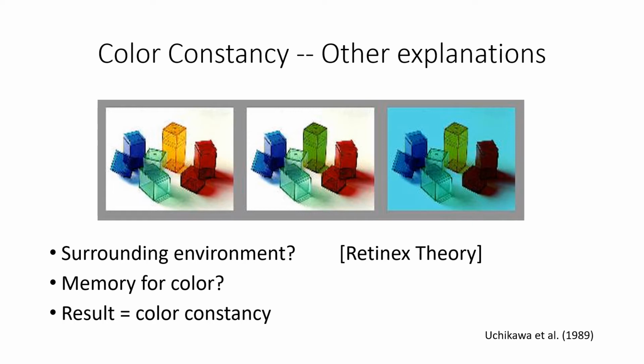But we can ask ourselves that. Part of what's happening, according to Retinex theory, is that the cortex is really comparing the different information coming from different parts of the retina, and it's more comparative. So the surrounding environment is really important, and you can see these blocks, the blue, yellow, and red, and then the light blue over on the left.